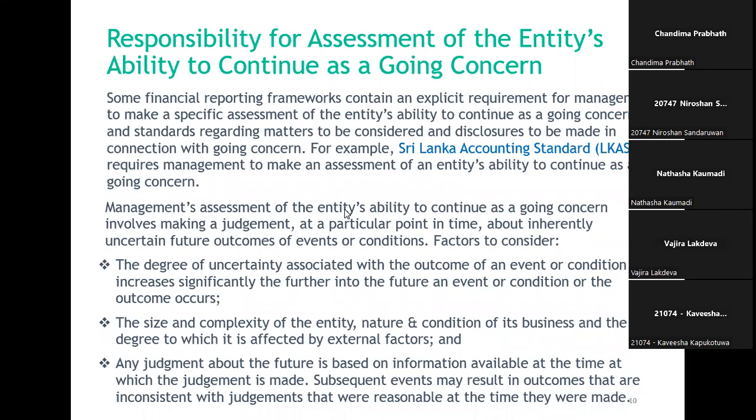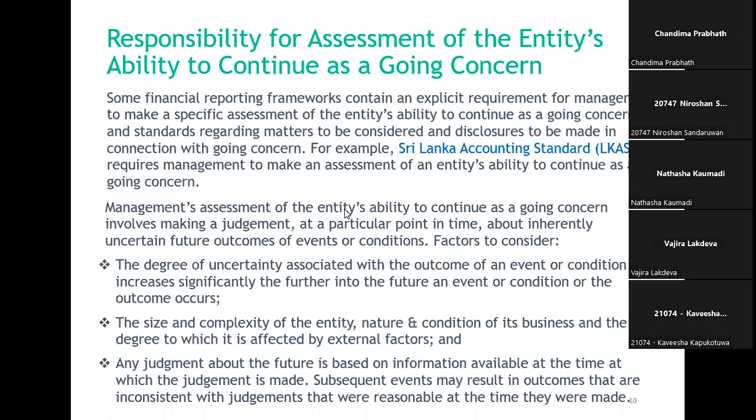But if you take entities like Sri Lankan Airlines, Petroleum, or CEB, or any other loss-making entity, it's a detailed piece of work. But as per IAS 1 or LKAS 1, it's management's responsibility to make an assessment of an entity's ability to continue as a going concern.